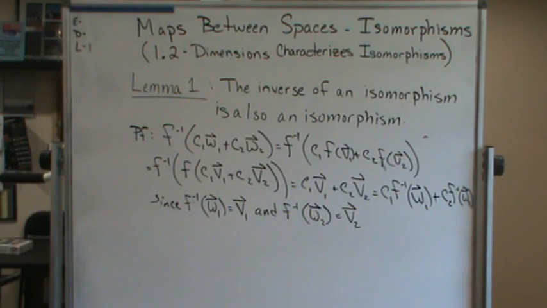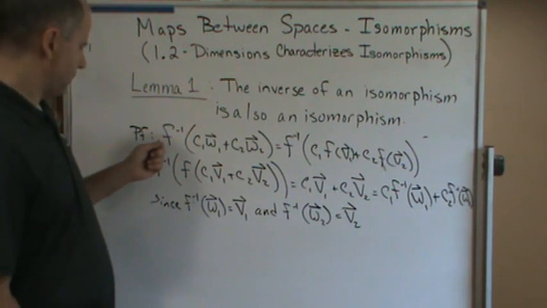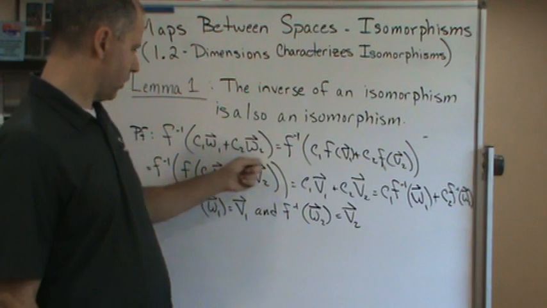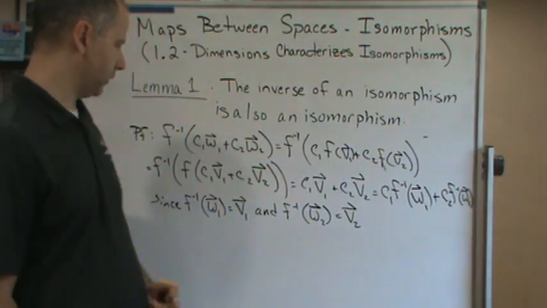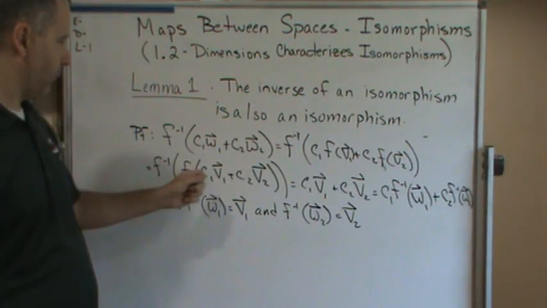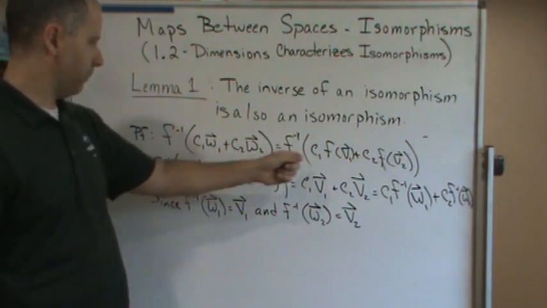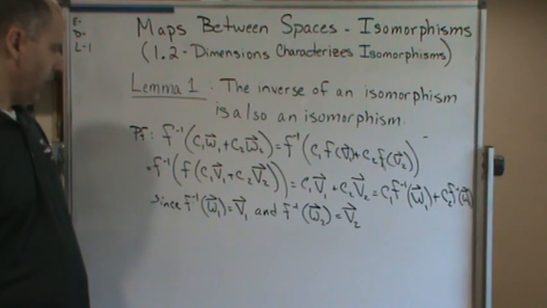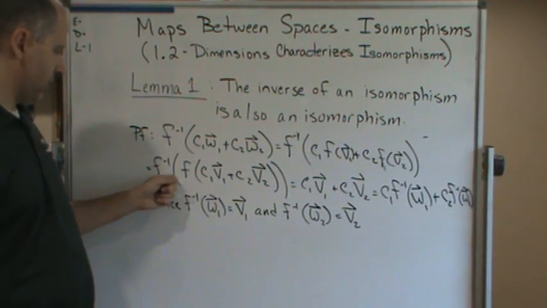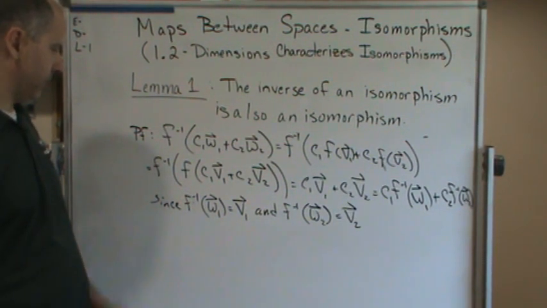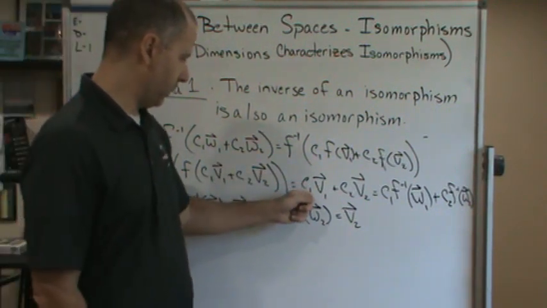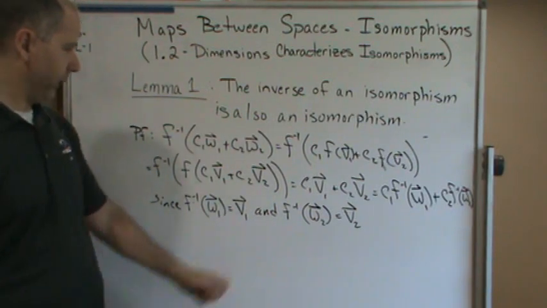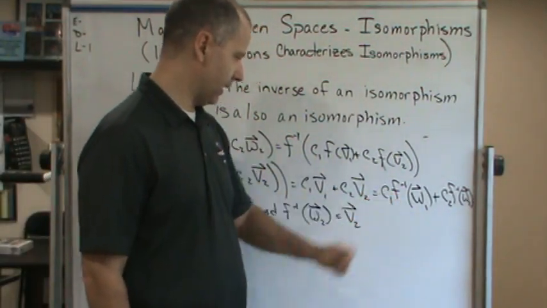So far so good. We started with this, and then all we did was substitute in for our functions. Because f preserves linear combinations, we can go to here, and then of course the inverse and its function cancel each other out, and we get the argument out. And now, since we know this, we can substitute in and get that.